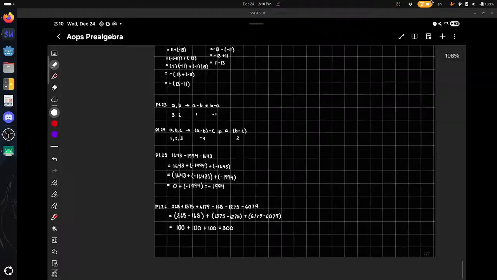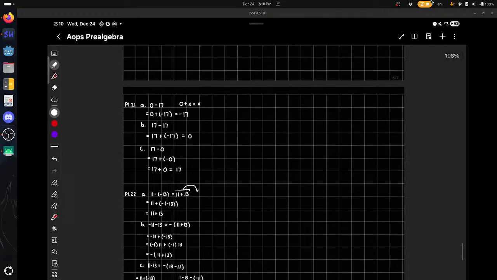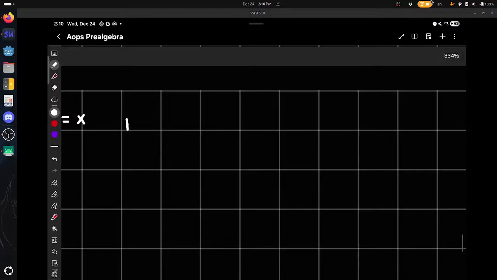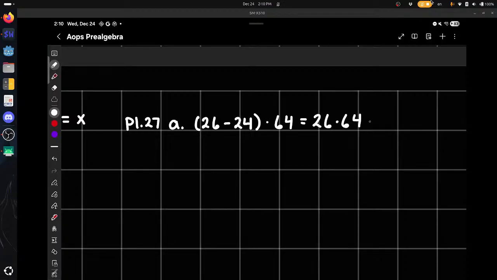Okay, problem 27. Okay, explain why this expression times 64 is the same as this.